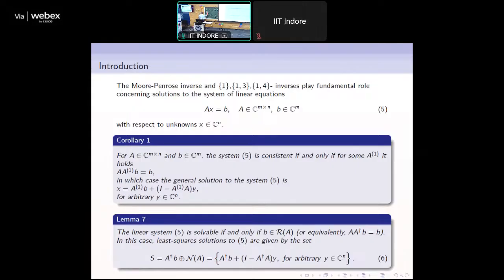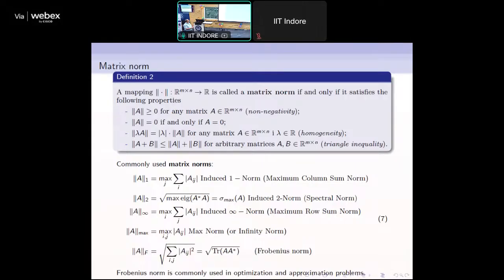Here is a part from the range of A, the left hand side is in the range of A, and we must require that the right hand side is also in the range of A. If not, if B is not in the range of A, then again we will have no solution, but we can find a least square solution.